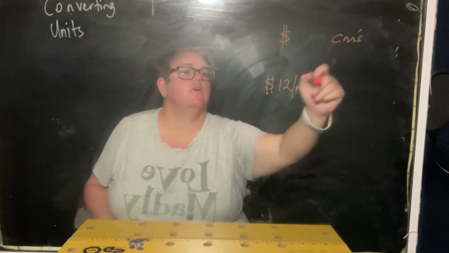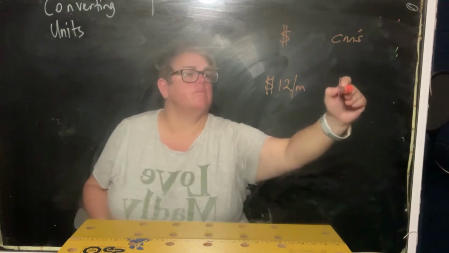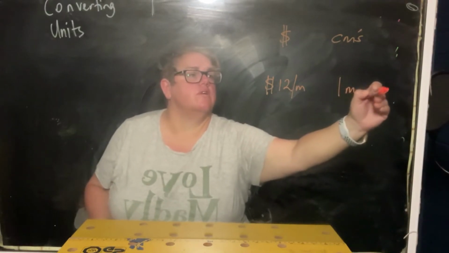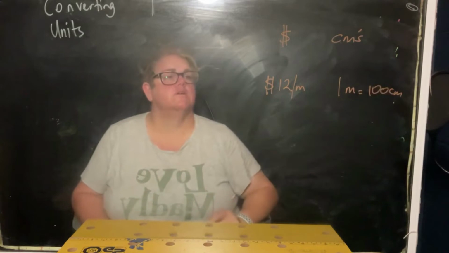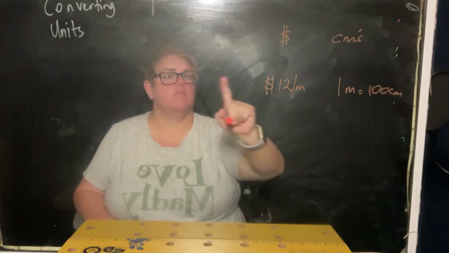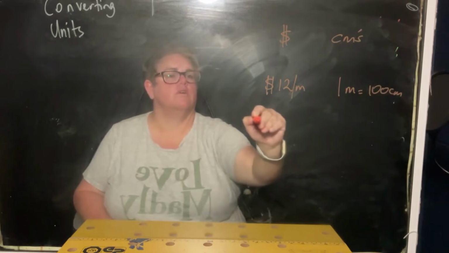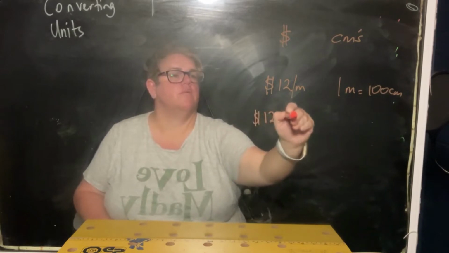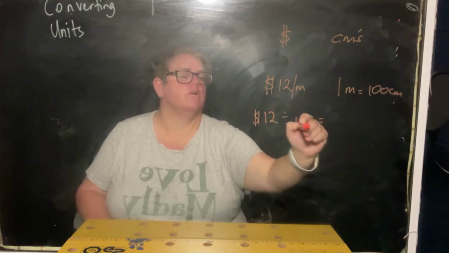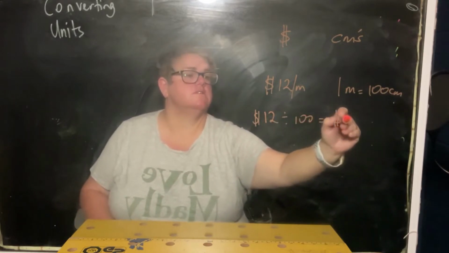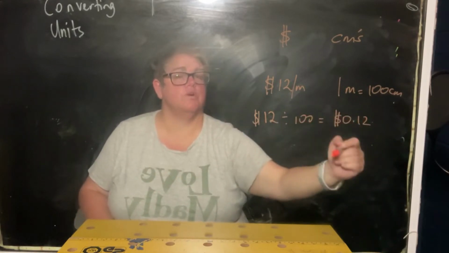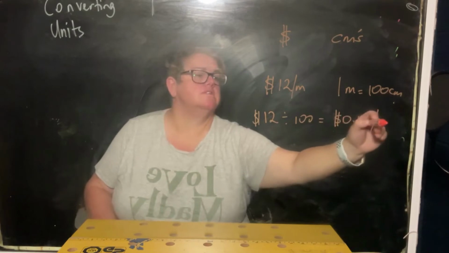So in 1 meter is 100 centimeters. To work out how much each centimeter costs, we would go $12 divided by 100, which gives us 0.12, so 12 cents per centimeter.